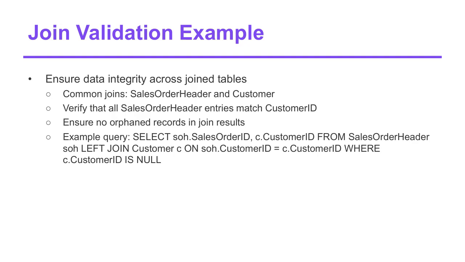To check this, we can use a left join in SQL, joining sales order header to customer on customer ID, and then look for cases where the customer ID on the customer side is null. For example, the query shown retrieves sales order IDs and their corresponding customer IDs where no matching customer record exists, effectively identifying orphaned records.